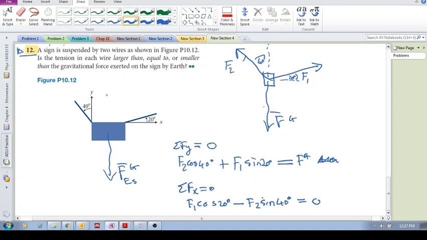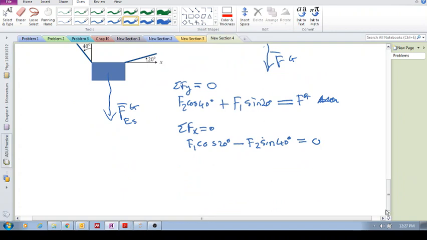This object is in equilibrium. Okay? Even it's called static equilibrium. Static equilibrium, because you can have something moving that's in equilibrium, which means that it's moving but it's got a zero acceleration. This is not moving, and it's in equilibrium.